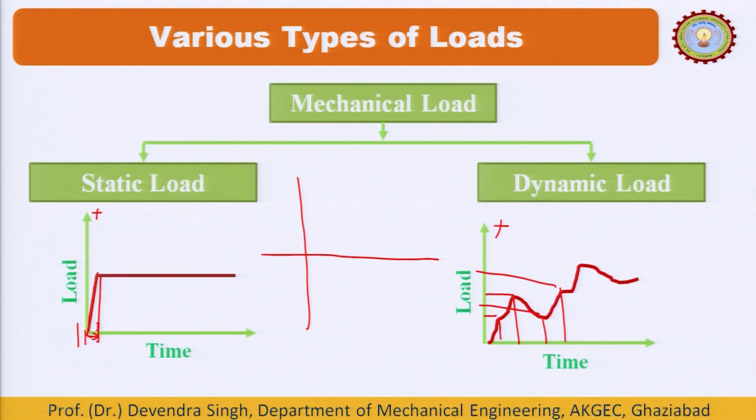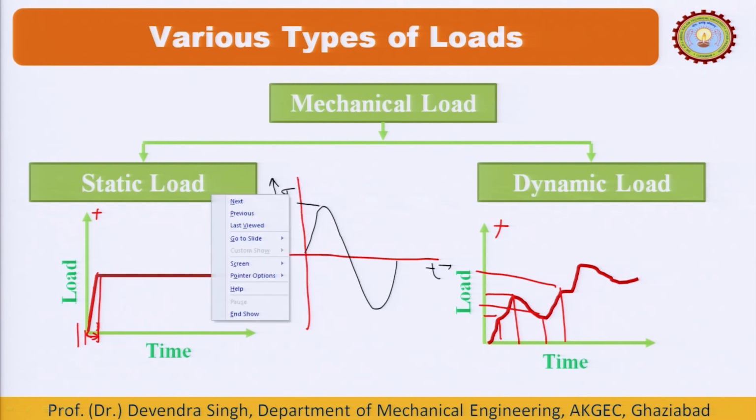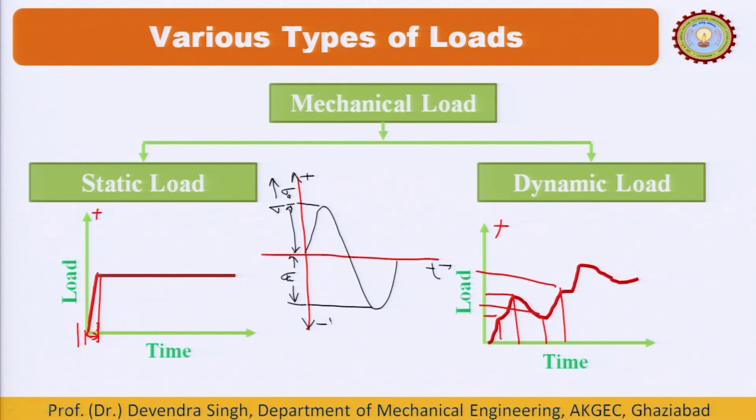For example, this will come across us when we discuss the design against fluctuating load. Suppose this is sigma and this is time. This is sigma A, this is also sigma A, having equal value, but this is in the positive direction and this is in the negative direction.